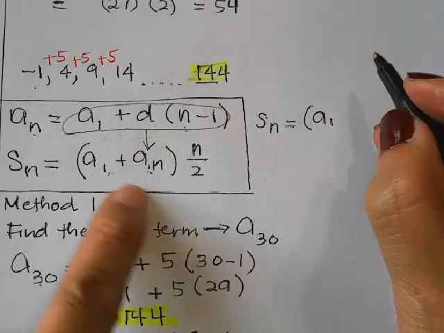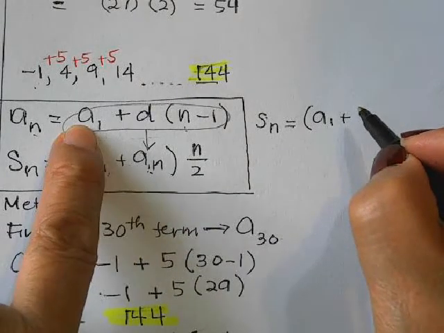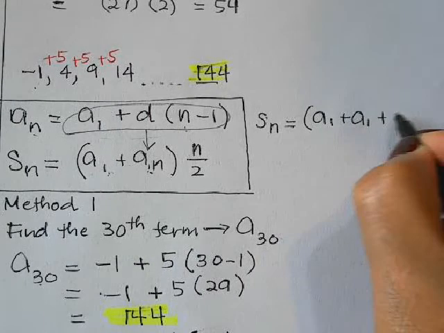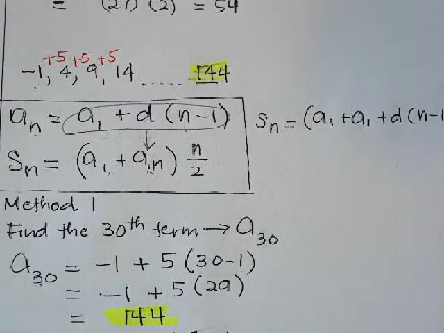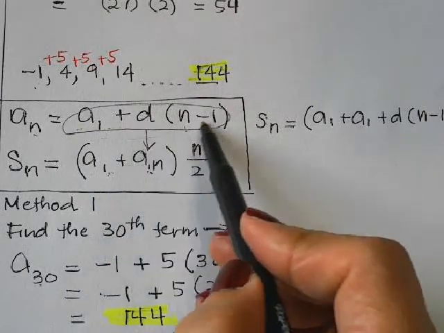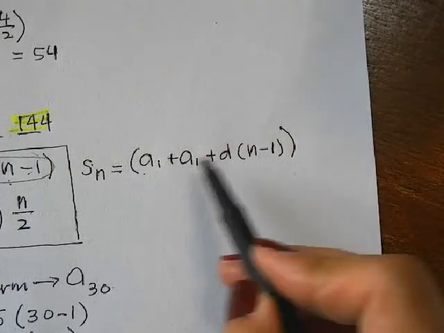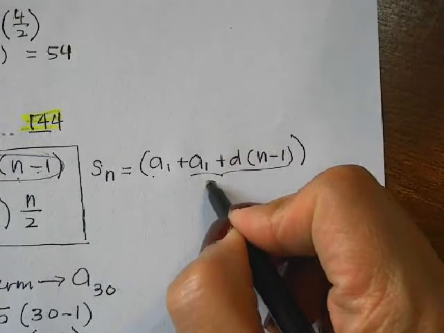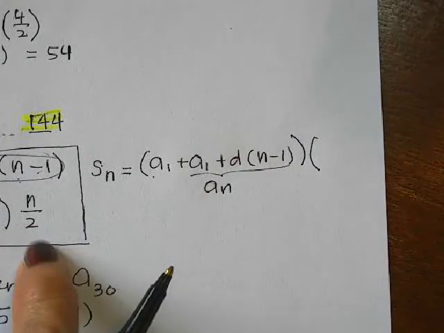So that will be a sub 1 plus a sub 1 plus d times n minus 1, where all of this is a sub n. Then multiply it, of course, by n over 2.